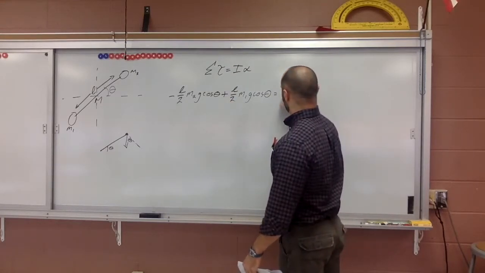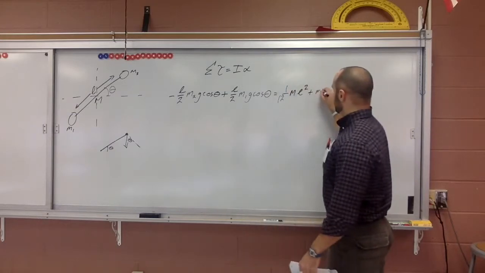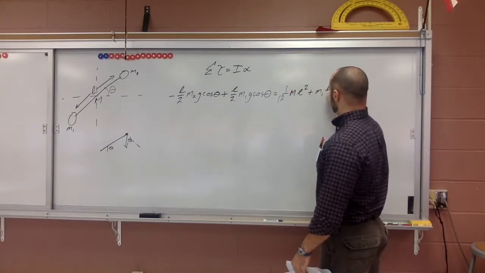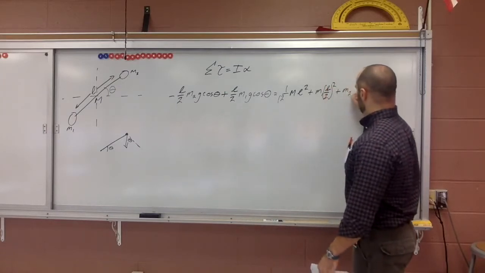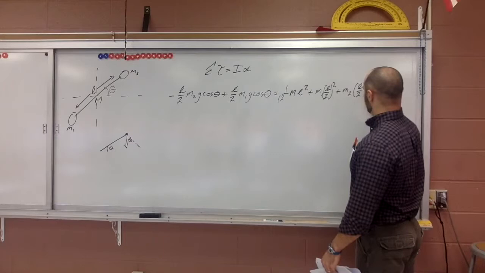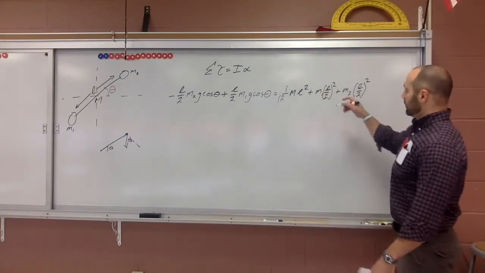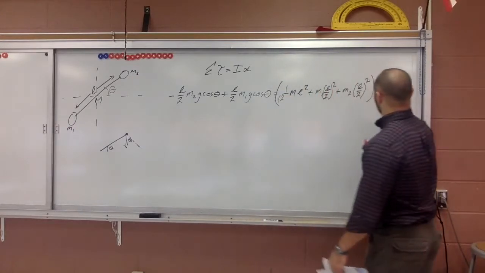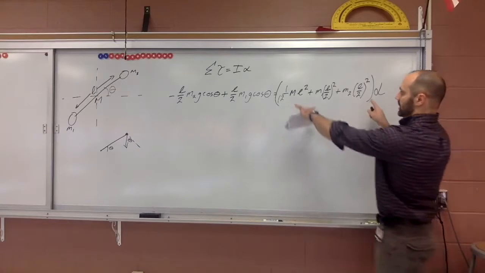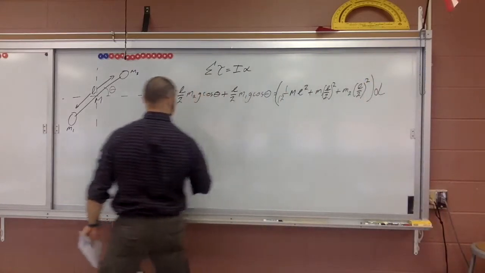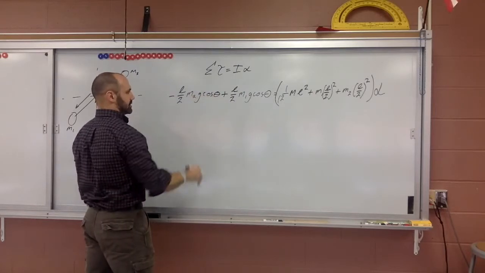So that's 1/12 ml squared plus m1 L over 2 squared plus m2 L over 2 squared. Just treating them like point masses. All of this times alpha. And now I'm solving for alpha. So all I'm going to do is take this and bring it under here. So this is going to be, let me rearrange this and factor some stuff out.